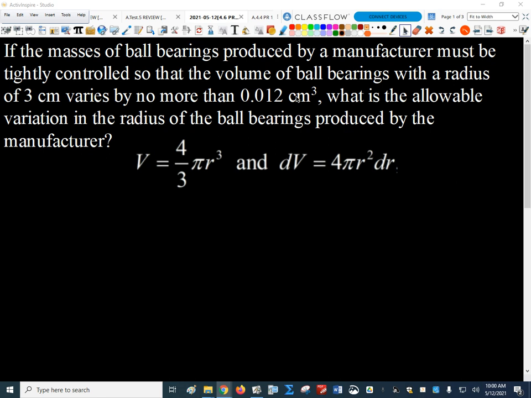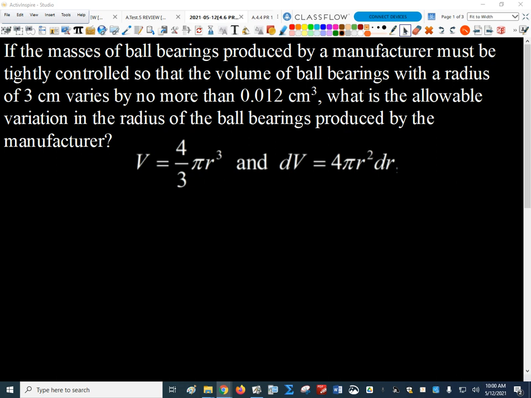Because what do we mean by variation in the radius? That's just error. What's the acceptable error? We can accept a variation, meaning an error, in the volume of plus or minus that much. Anything more than that, for whatever we're using these ball bearings for, they're no good. They're not going to work.